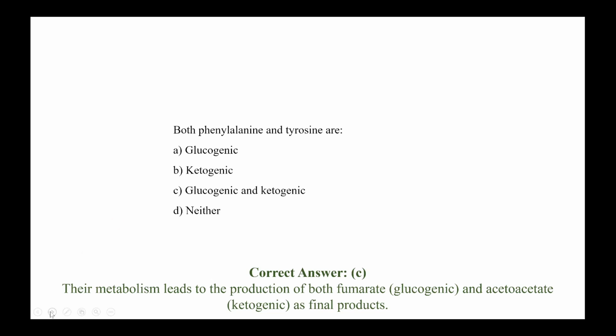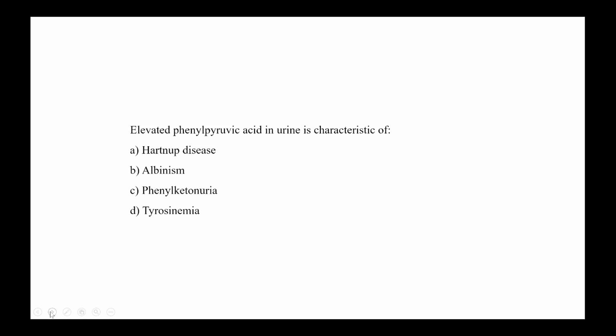Okay, moving to the next question. Elevated phenylpyruvic acid in urine is the characteristic of. You have already asked this question, so now we'll discuss why we were getting the mousy smell.